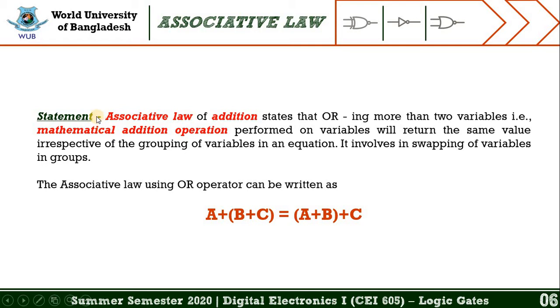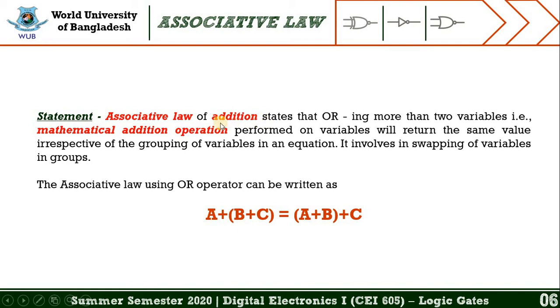Well, first we need to know the statement of associative law. Sorry, I repeat again, the associative law consists of two laws. One is associative law of addition and another one is associative law of multiplication.